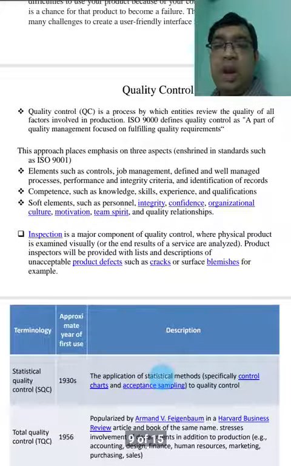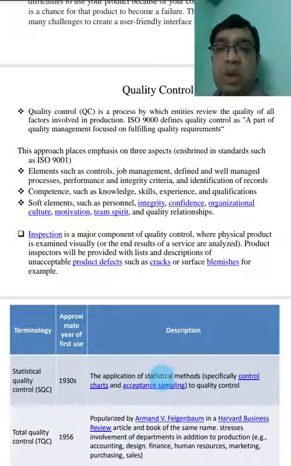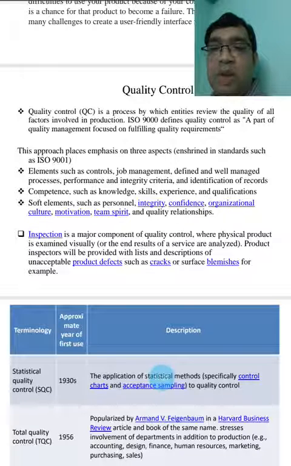Quality control is a process by which entities review the quality of all factors involved in production. ISO 9000 defines quality control as a part of quality management focused on fulfilling quality requirements.